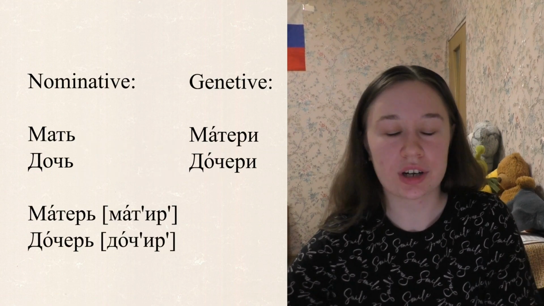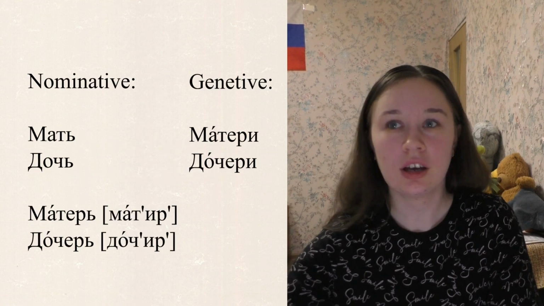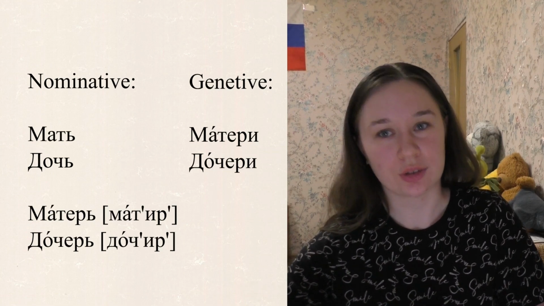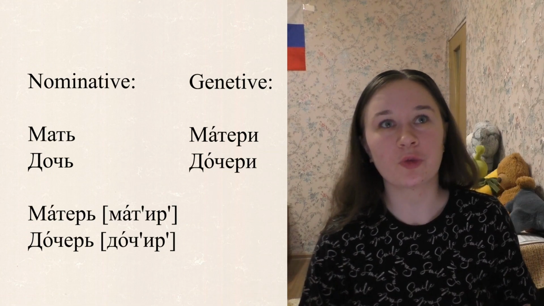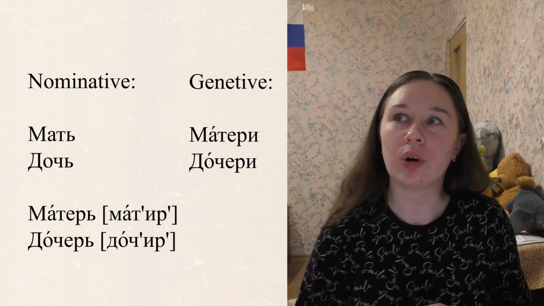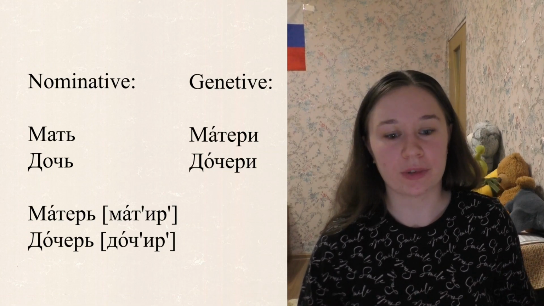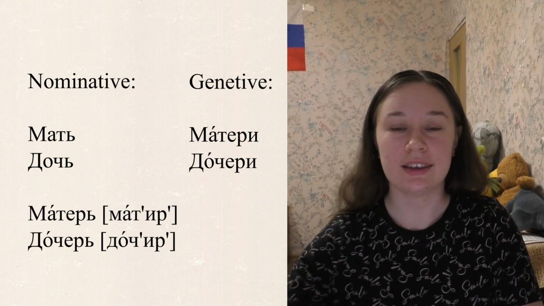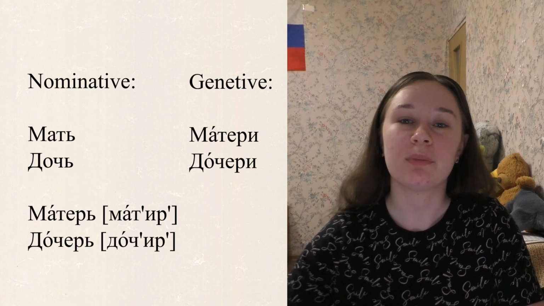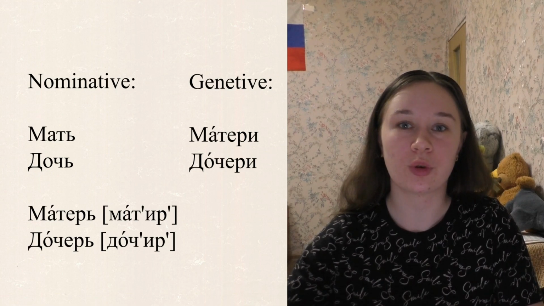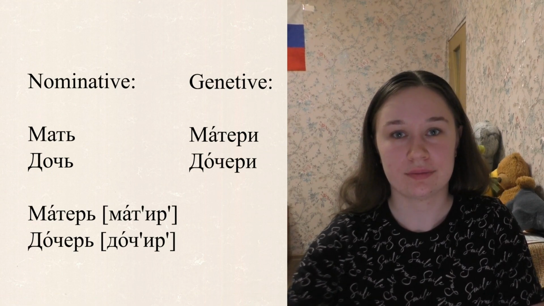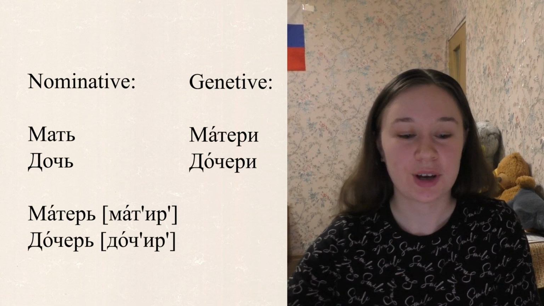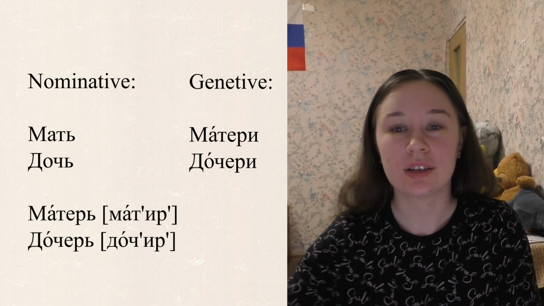And the last two words change a little differently, because мать and дочь are like a short form of the old long forms, матерь and дочерь. These words are outdated, but they save their form in other cases. So, мать becomes матери, дочь becomes дочери.